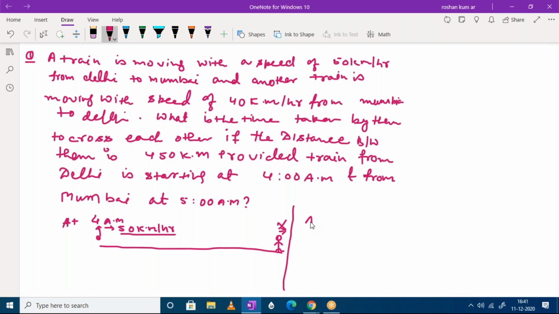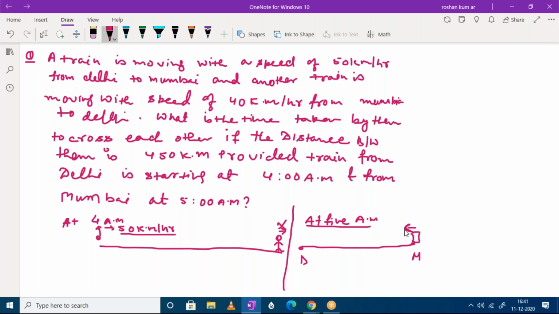At 5 a.m., what will happen? Let's say this is Delhi. This is Mumbai. Can I say that the train from Mumbai will be about to start, almost about to leave the platform?